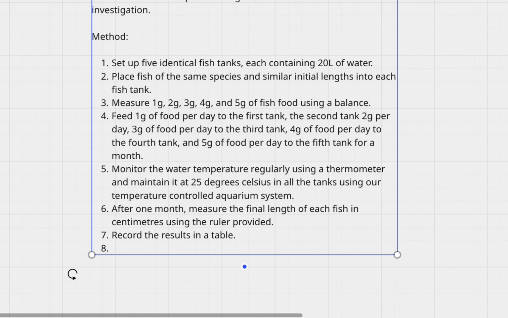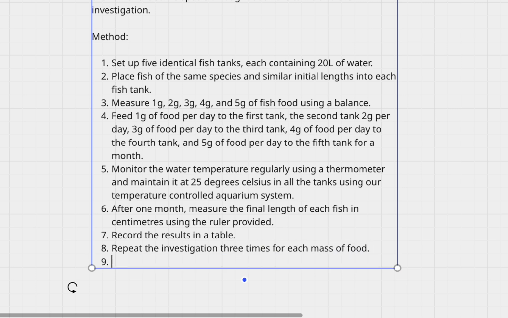So our eighth point is going to be that repeat the investigation 3 times for each mass of food. Next, after you repeat the investigation 3 times, you record the data in the table again, and then you just calculate the average final fish length for each mass of fish food.